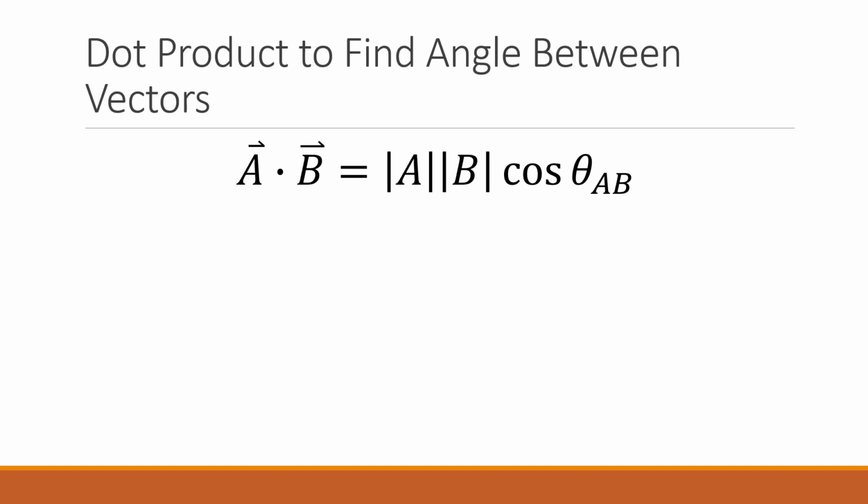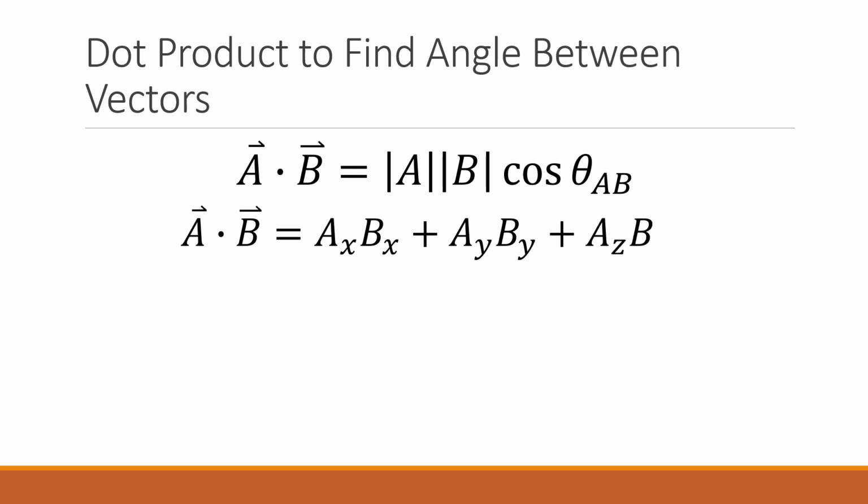So if we were to have two vectors, a vector A and a vector B, the dot product between vector A and B groups like units together. So we would take our x or i term, multiply those two factors together, add that to our j or y term multiplied together, plus our z or k term multiplied together.